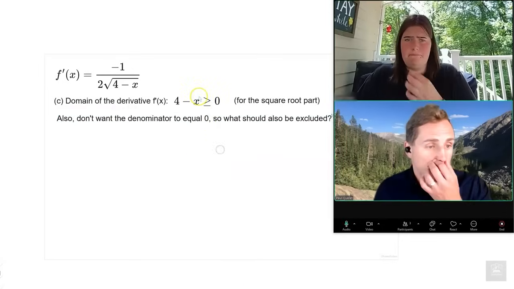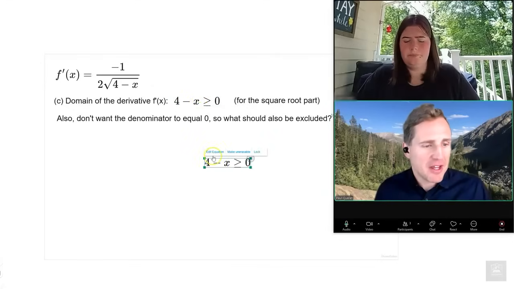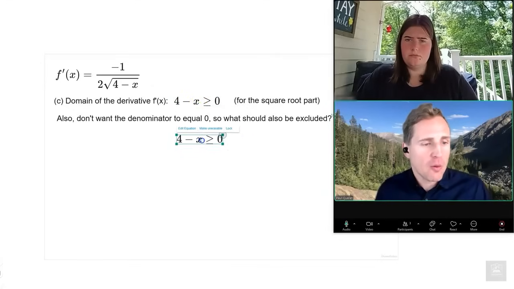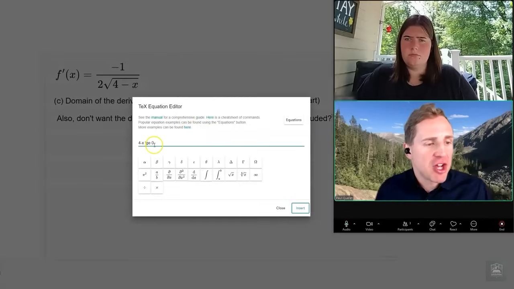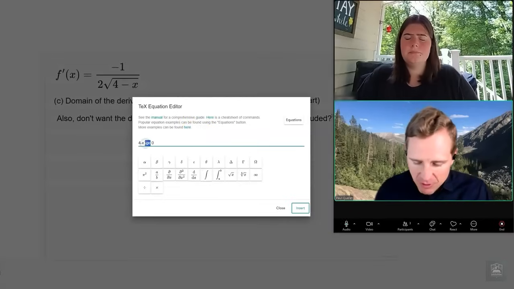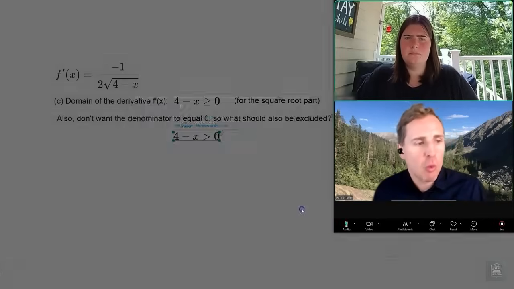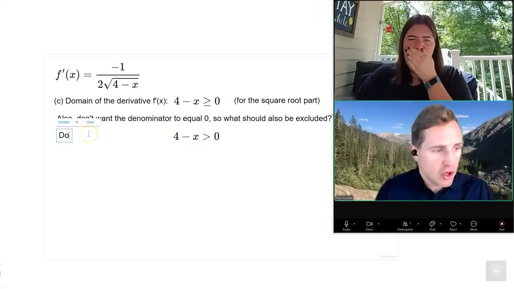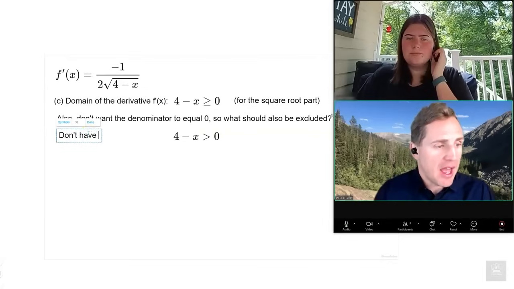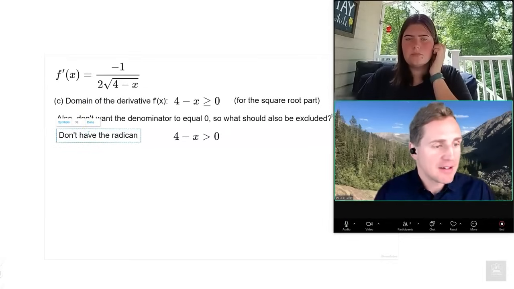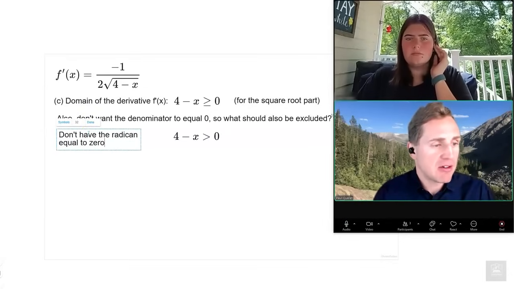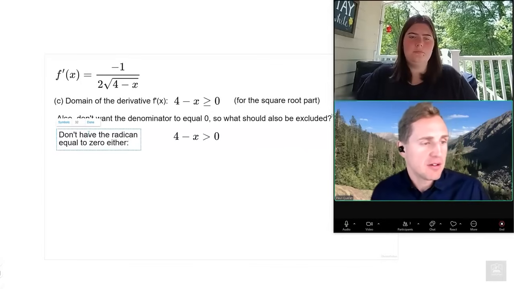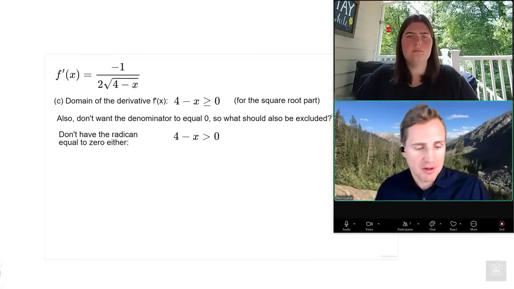In other words, what we're really going to have is 4 minus x is just greater than 0. Right? Because we don't want it to even equal 0. So don't have the radicand equal to 0 either, is basically the idea, right?